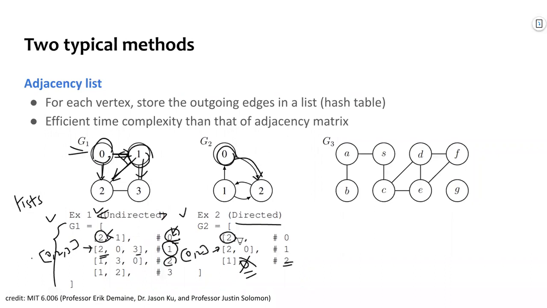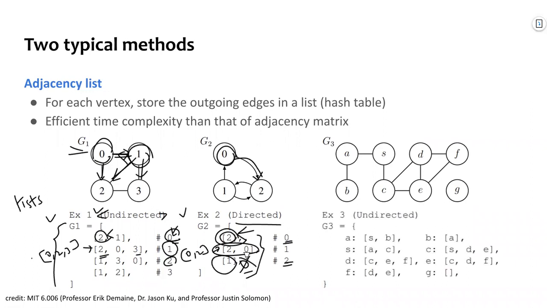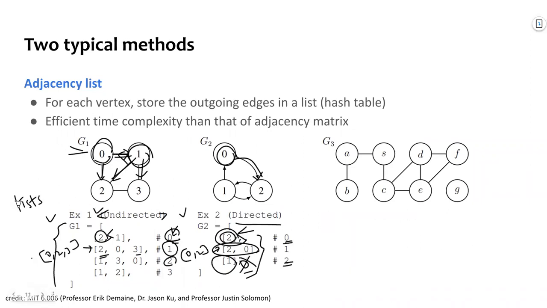However, the ordering of these sublists is important because this one represents the edges connected to the node 0. So the ordering of these sublists is important. So in the first two cases, we used lists to represent the edges connected.